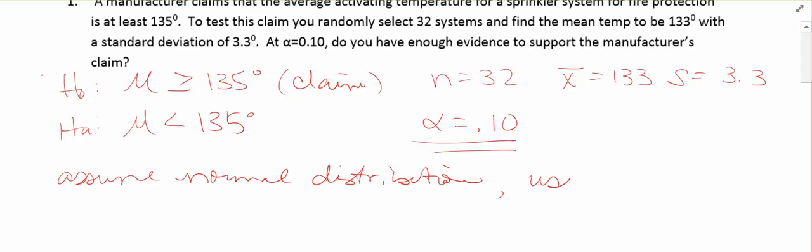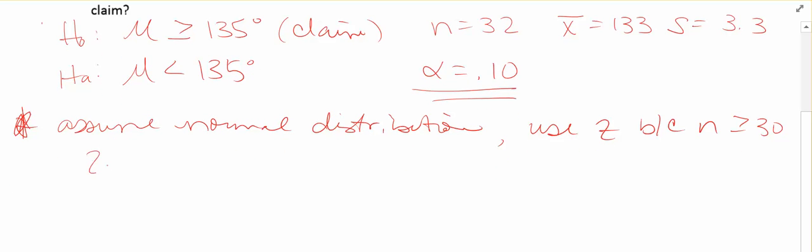We're going to use z because n is greater than or equal to 30. I wouldn't argue with you on your project if you wanted to pick t here and say it's because sigma is unknown. I would be perfectly fine with that, but you need to make a statement about why you chose what you chose.